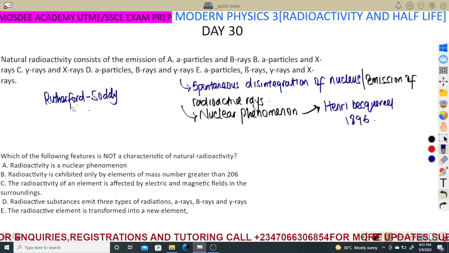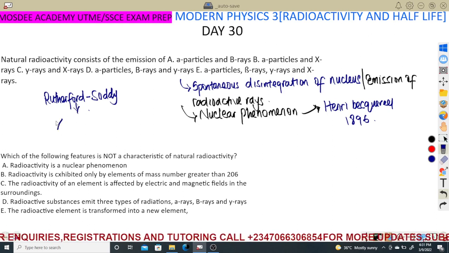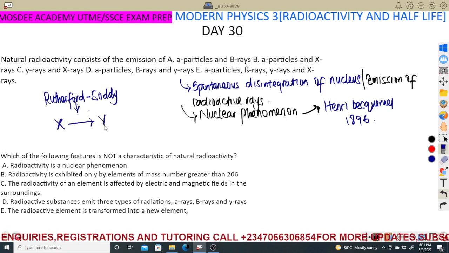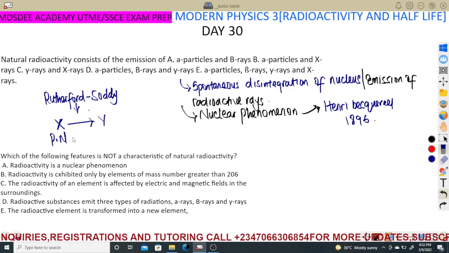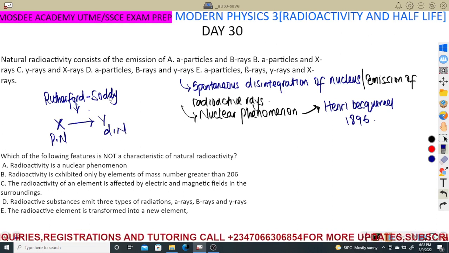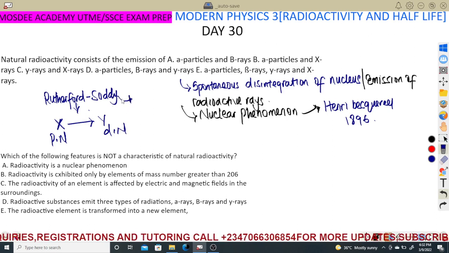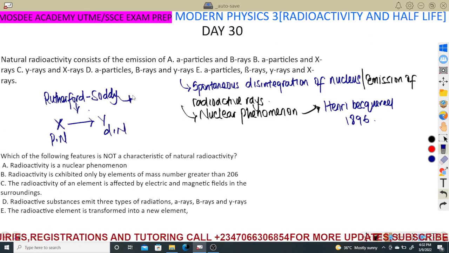That is, a radioactive substance X can react to produce Y. This is called the parent nucleus, and this is called the daughter nucleus. Keep it in mind: the Rutherford and Soddy experiment, or law, let us know that a radioactive substance is independent of chemical reaction.